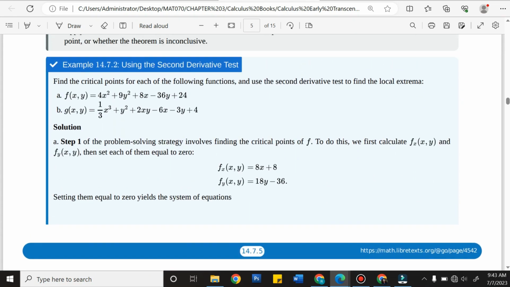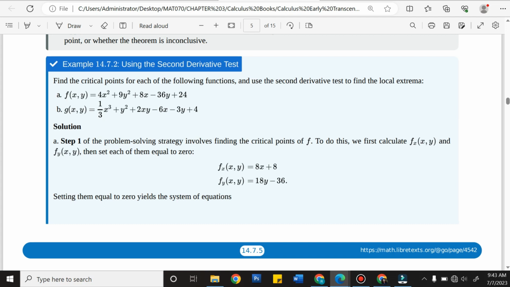Okay. Now, suppose we try to find the critical points for the following functions using the second derivative test. Let's have letter A. The first derivative with respect to x is 8x plus 8, and with respect to y is 18y minus 36.